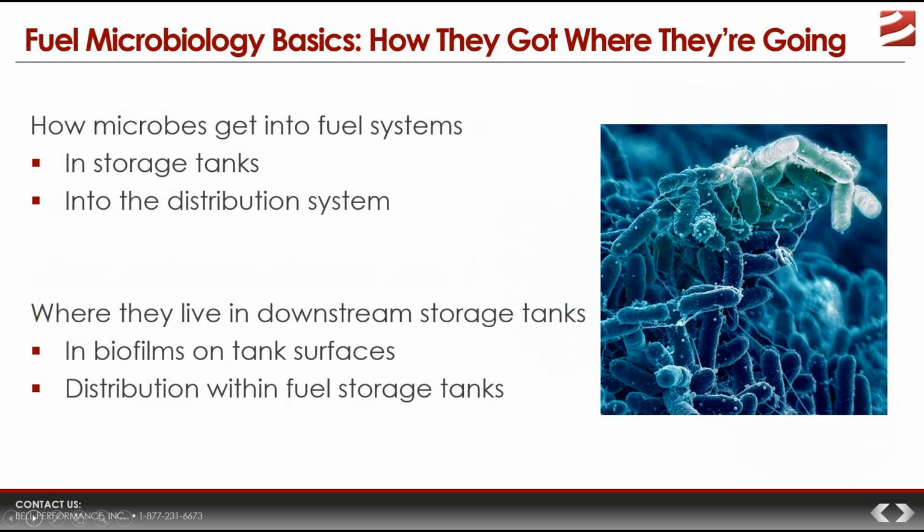Now, since we find microbes in fuel systems and storage tanks all the time, it's fair to ask how they tend to get in there. Since we just said they're already in there, what we're really asking is how do they get in there to the extent that they cause problems, I guess is a better way to put it.